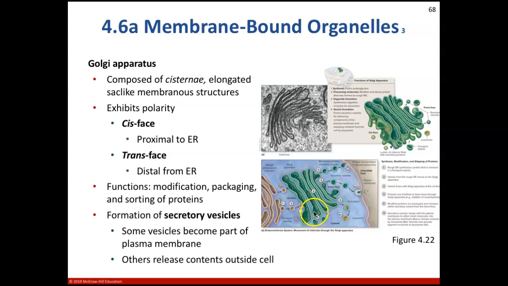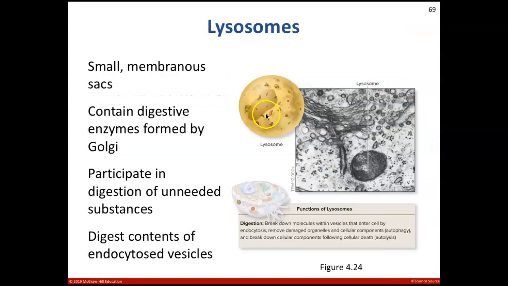We'll also see that it forms secretory vesicles, and these are going to become part of the plasma membrane. Others will release contents out of the cell, and some of them may even fuse with lysosomes. And we'll talk about what lysosomes do in just a moment. And here is a photo of a Golgi apparatus in a micrograph.